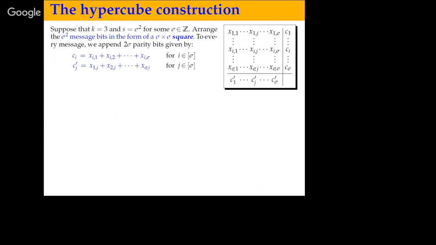So what am I going to do? I'm going to arrange the message bits of x in a square. And previously I just computed a single parity, the sum of all of them, and appended it. Well, now I have a square. I'm going to compute a parity for each row and a parity for each column. And that will be my code.